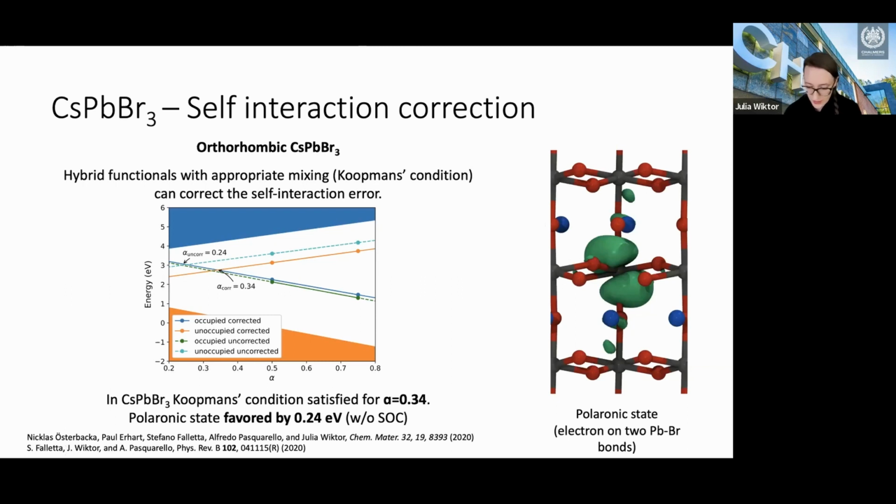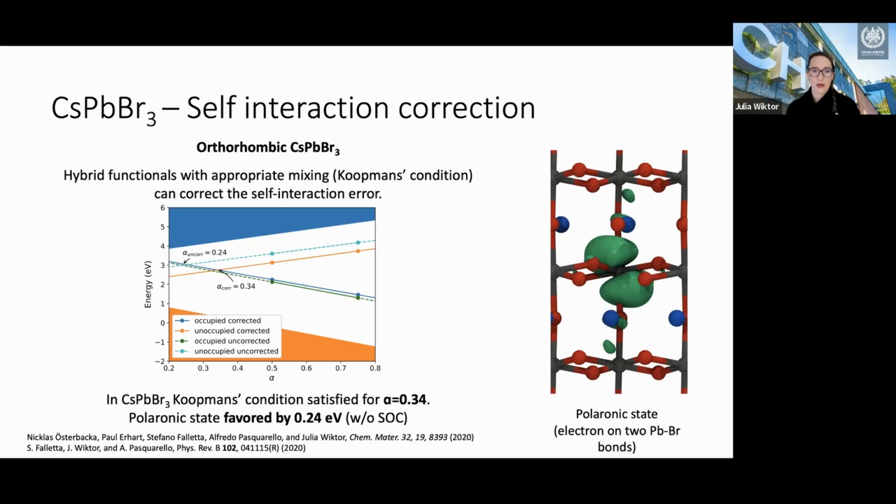So we can find that there is a possibility of having a polaron, but now we want to get its energy and so on. The first issue is that we cannot study polarons directly with semi-local functionals like PBE, because we have a self-interaction error in these functionals. To treat it, we can use hybrid functionals, but we cannot use just any hybrid functional. We have to use an accurate functional for a given material.